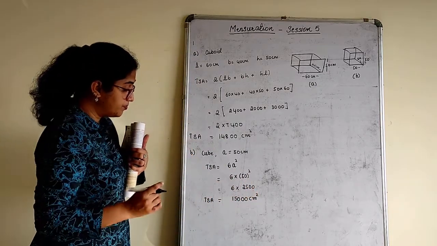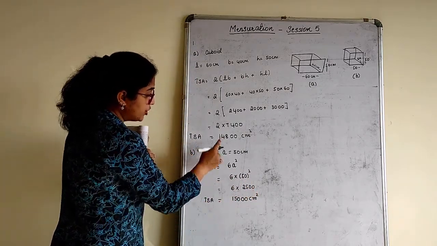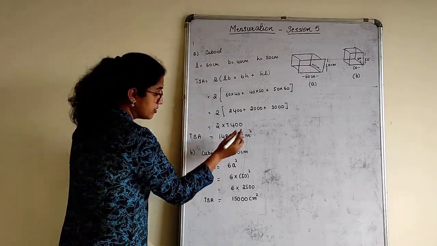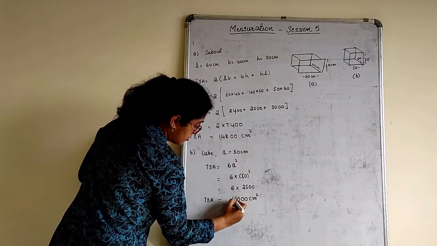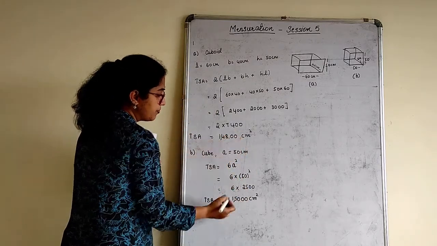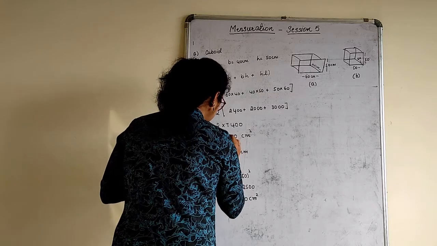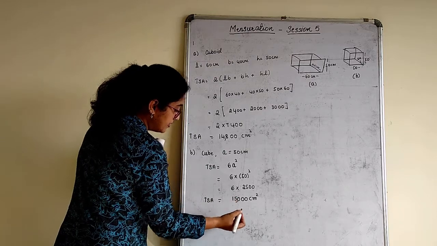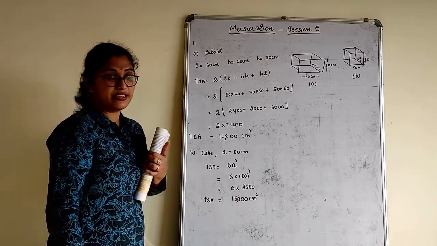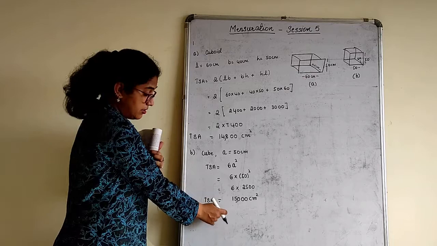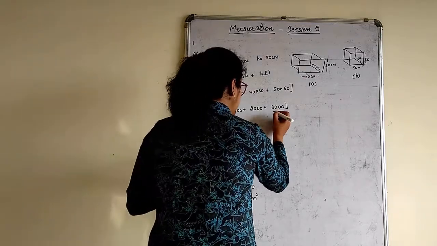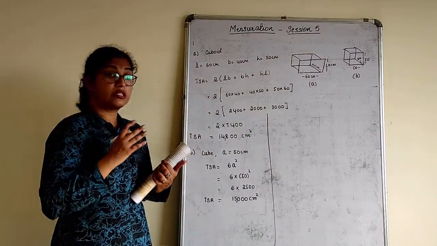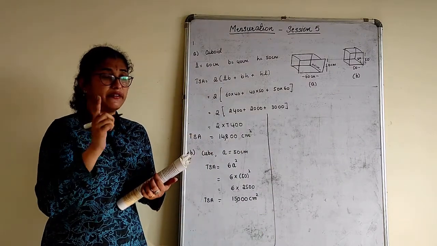Okay, which will take a larger material to make here? The cuboid is taking 14,800, sorry, and the cube is taking 15,000. So of course the cube will take a larger surface. A conclusion is a must. As you remember in linear equations and quadrilaterals, whatever we had done, we gave a conclusion.